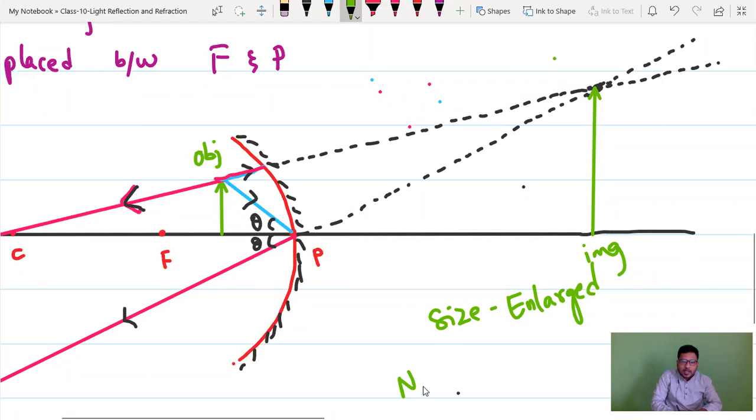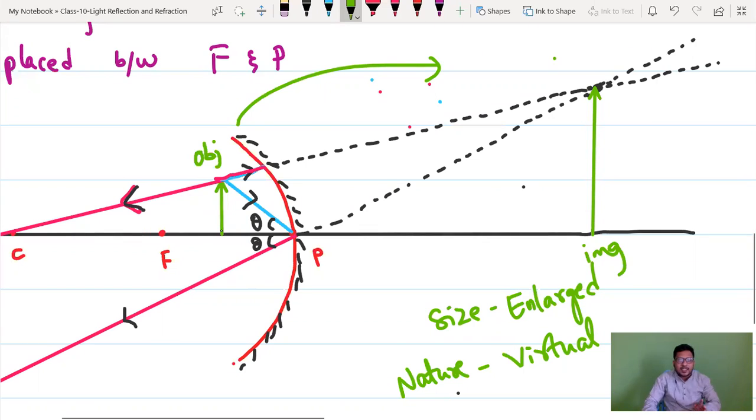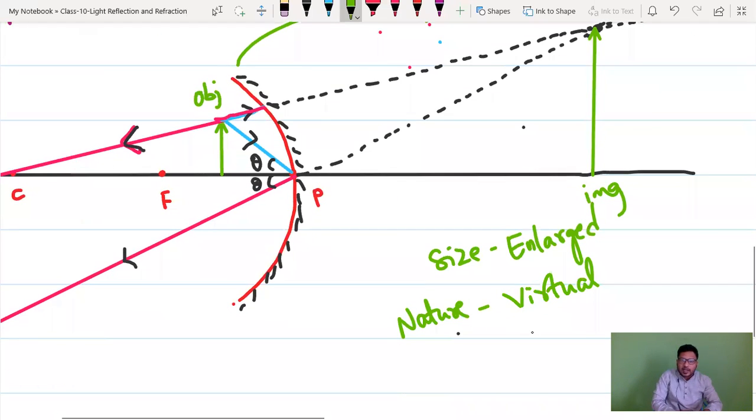Coming to nature, the image is forming behind the mirror, not in front. If it is forming behind, it will be virtual. And you see the object is facing upwards, the image is also facing upwards, so you can write virtual and erect.